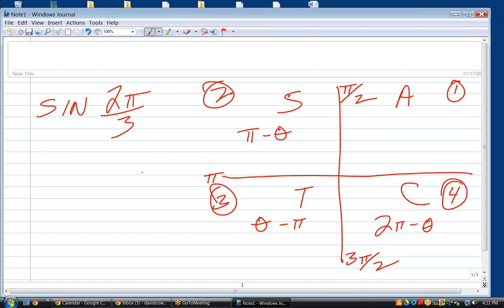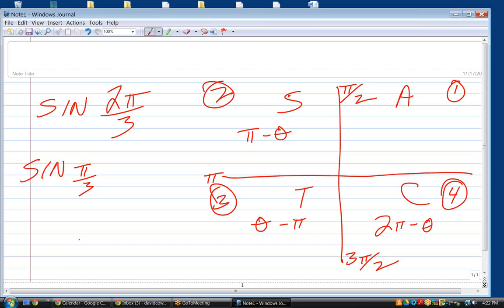So what's this the equivalent of? Pi minus 2 pi over 3. Which is? Would be pi over 3. In other words, it's a whole pi minus 2/3 of a pi, leaving 1/3 of a pi. Now, you with me?